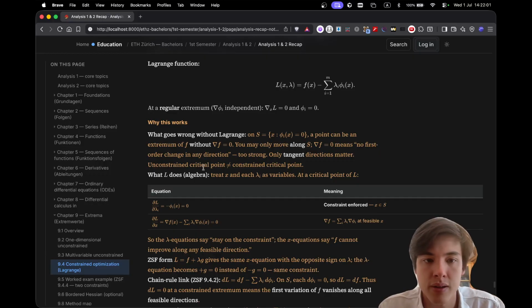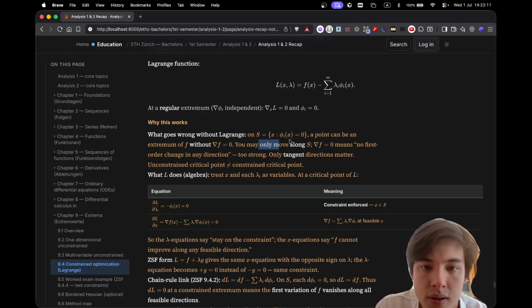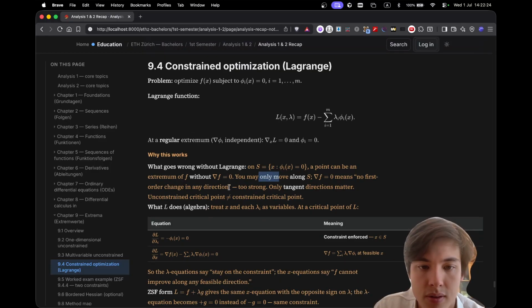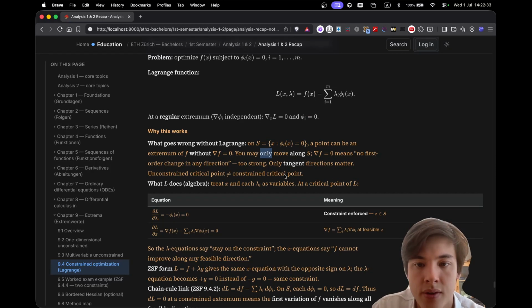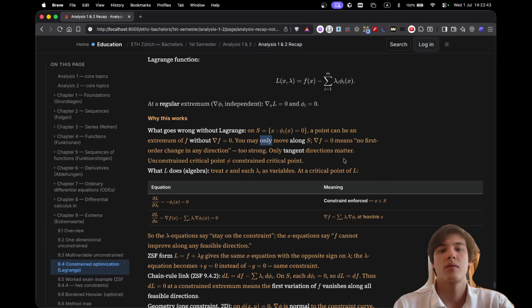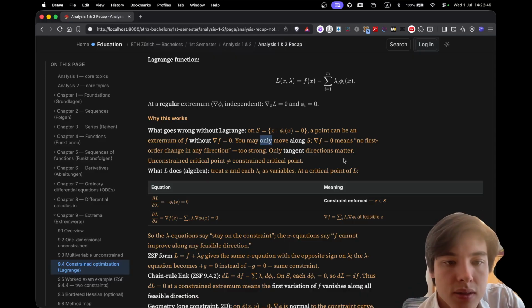So a point can be an extremum without. Only tangent direction matters.